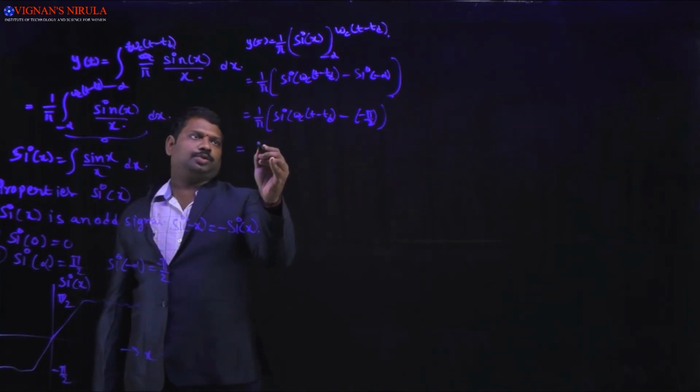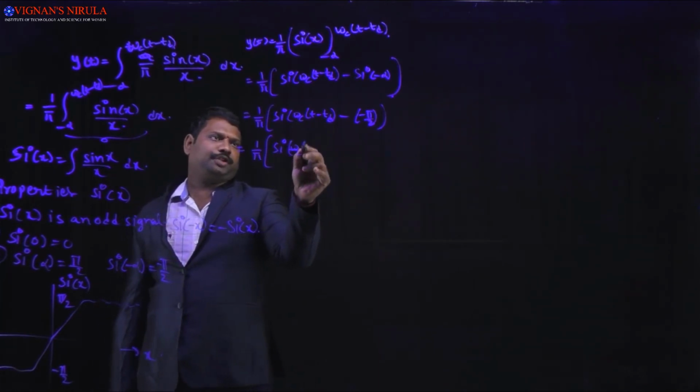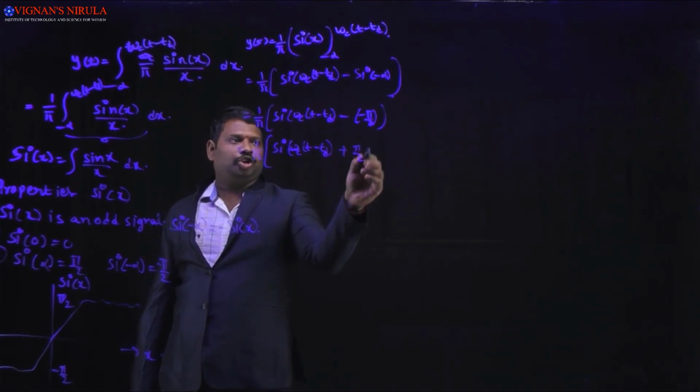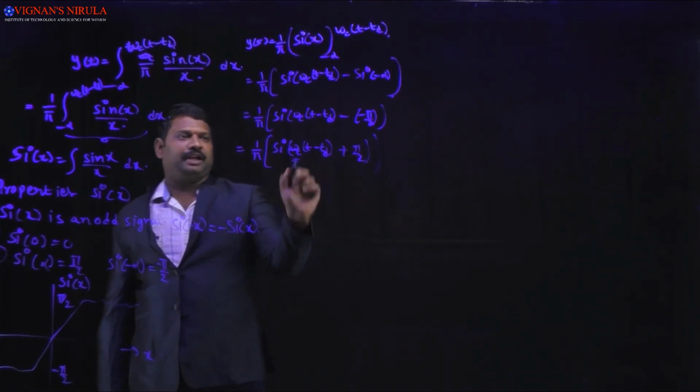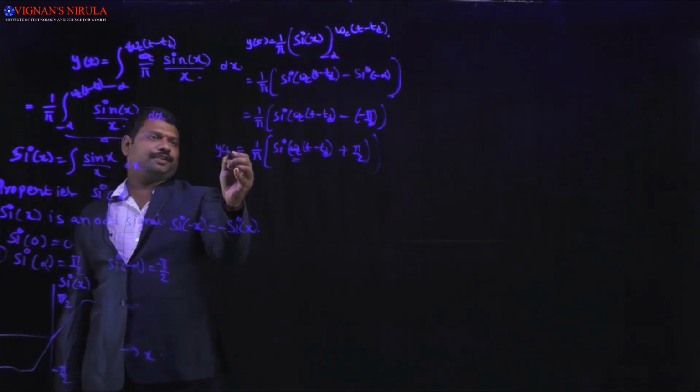That is equal to 1 by pi Si of omega c of t minus td plus pi by 2. Now if we take the omega c values, then we'll get the minimum and maximum values of y of t.